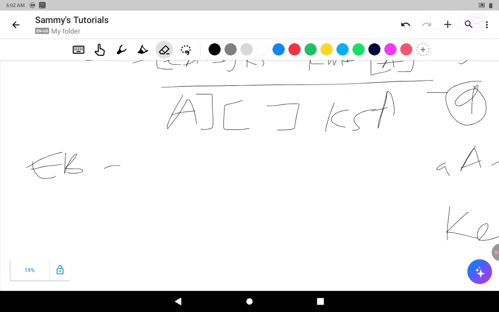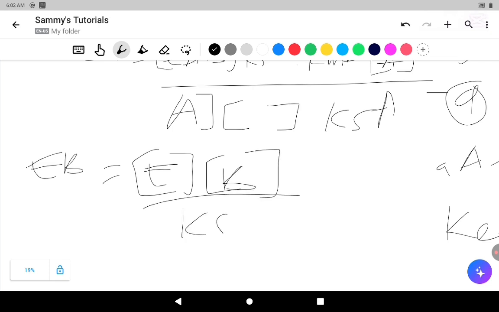Let's do it again, please. EB is equals to enzyme B all over KSB, isn't it? Now you are substituting for this E using C1. You know what you had is C1, right? Good. So we are going to do that. How do we get that?